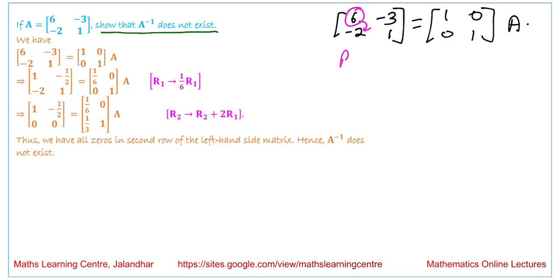So we are writing row 2 approaches row 2 plus 1 by 3 times row 1, or we can apply row 2 approaches 3 times row 2 plus row 1. In place of this we are applying this.